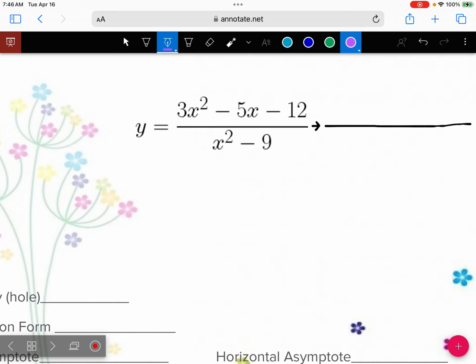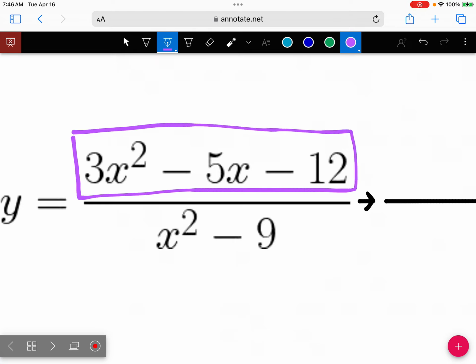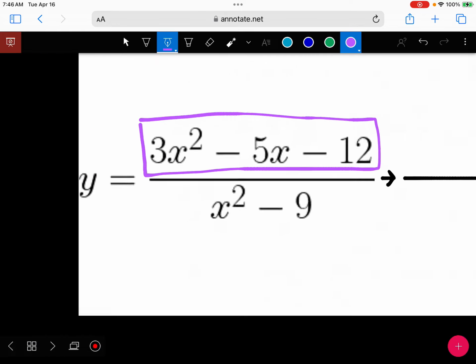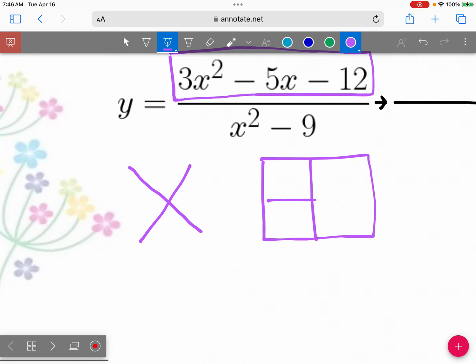So my numerator is going to take a little bit of extra work because we have this a value of 3. So I'm going to need my full x in box. I don't have a GCF I can take out either because I have both a 3 and a 5 as terms, so that's not going to work. So we're going to do our a times c, 3 times negative 12 gives me negative 36.